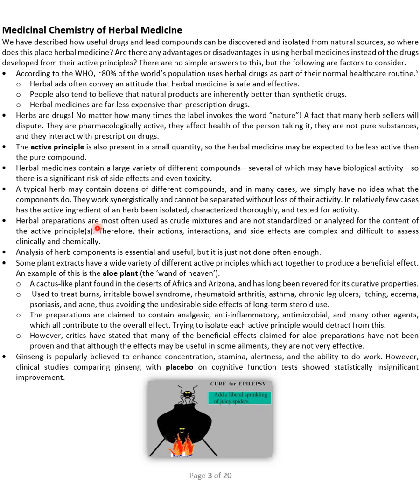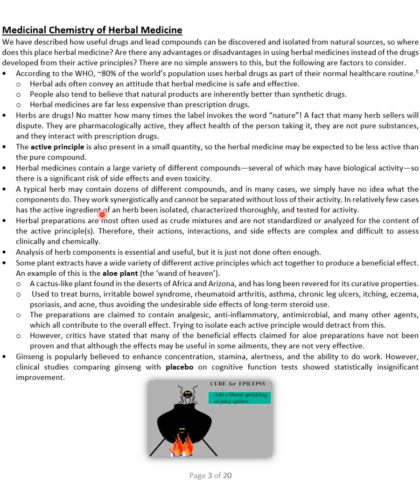Another factor to keep in mind is that a typical herbal medicine may contain dozens of different compounds, and in many of these cases we simply don't know which of these components are responsible for the pharmacological activity.